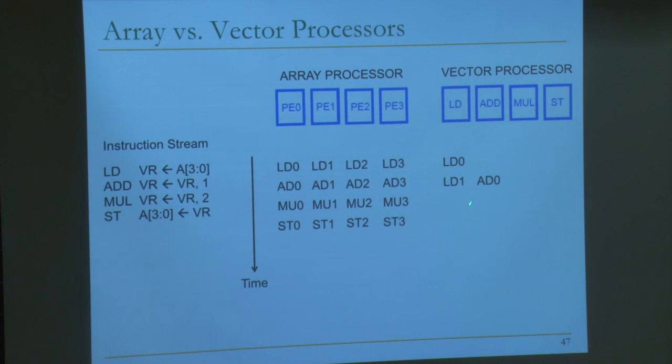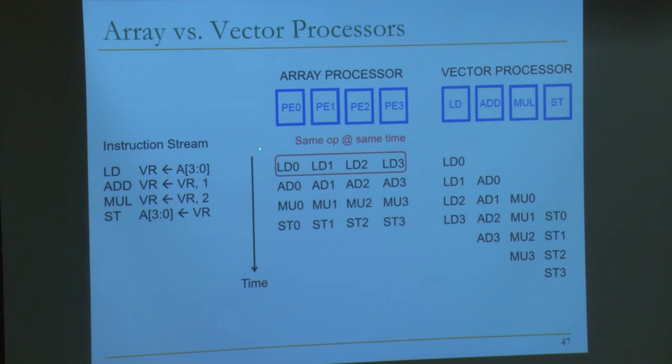In the next cycle, the same load operates on the next data element. At the same time, you start the add on the first data element. Next cycle, the third data element for this load, the second element for add, first element for multiply, dot, dot, dot. Right? So if you look at the array processor, you're doing the same operation at the same time. If you look at a vector processor, you're doing different operations at the same time. Right?